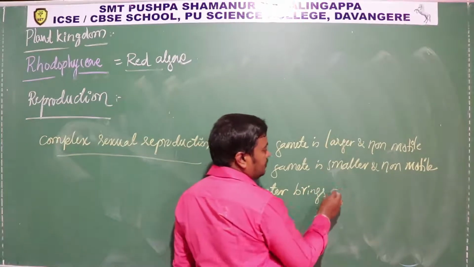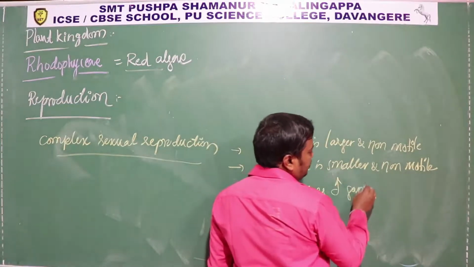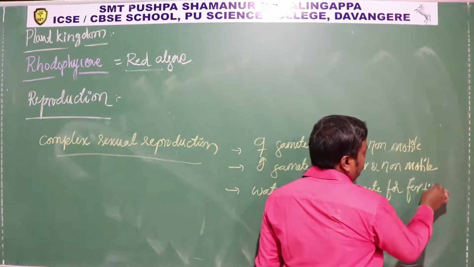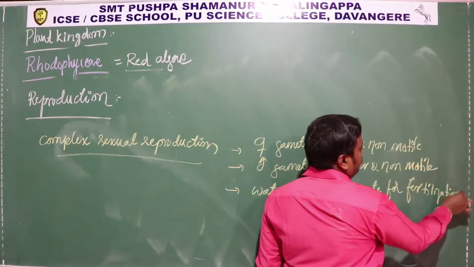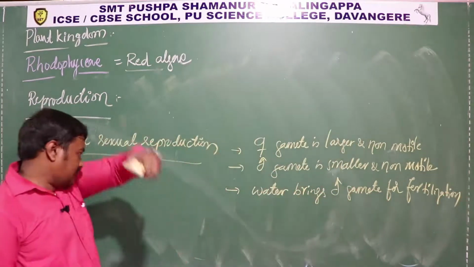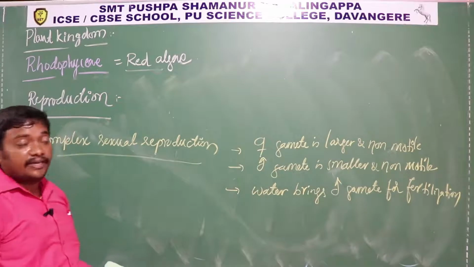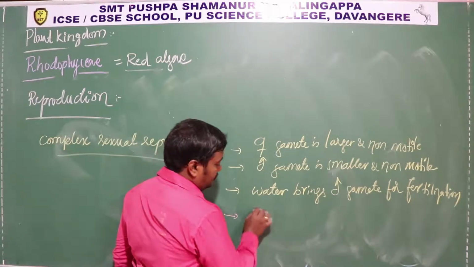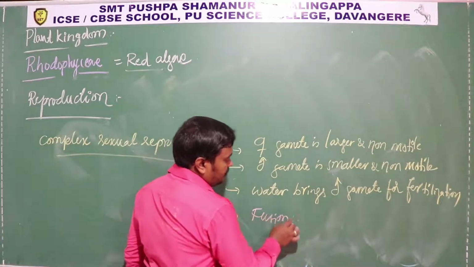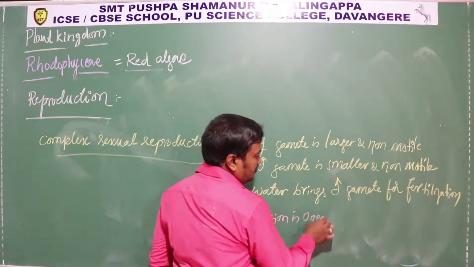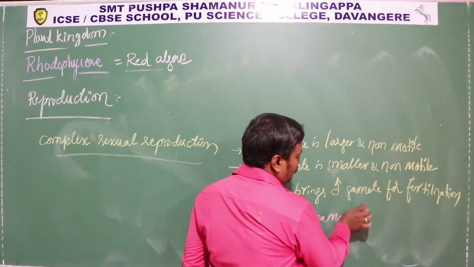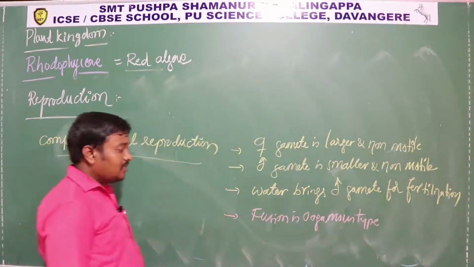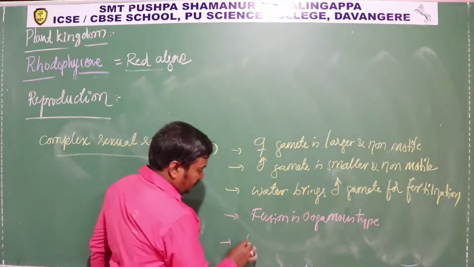Water brings male gamete for fertilization. Since they are non-motile, they need water for fertilization. The fusion is oogamous type.